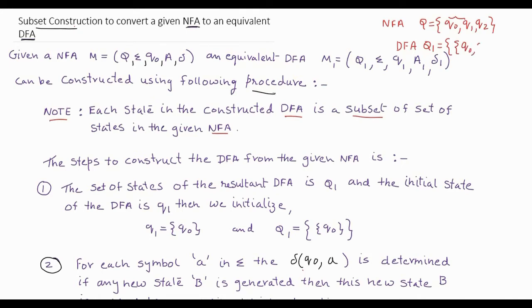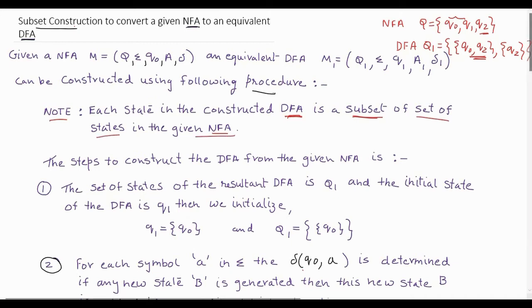For example, {q0, q2} could be one state, a valid state of the DFA, which is a subset of two states of the NFA, or a state individually also can be a state of the DFA. For example, q2, which is a state of the NFA, can also be a state of the DFA, and so on. So basically this is a subset. One thing is very clear, that all the states of the DFA will be subsets of the set of states in the given NFA.